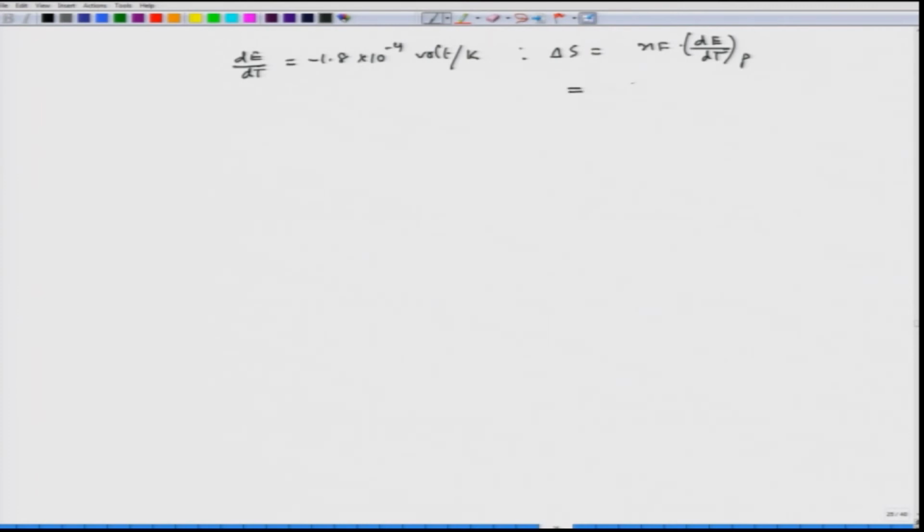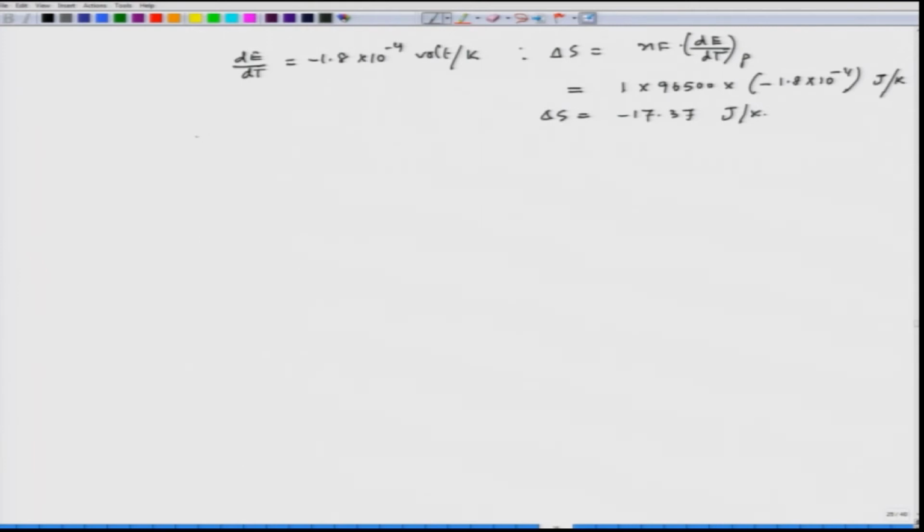So, this becomes 1 into 96500 into 1.8 into 10 to the power minus 4. This is also joule per Kelvin. So, this value would be 17.37 joule per Kelvin.